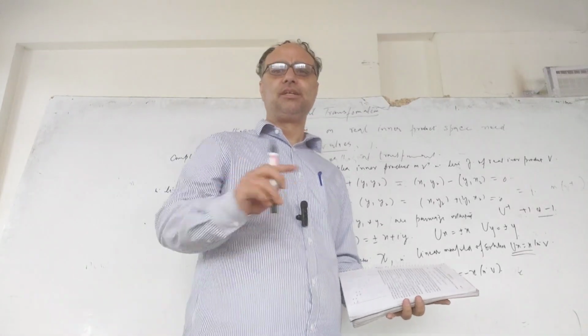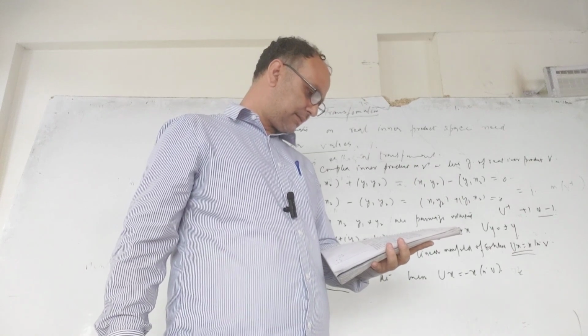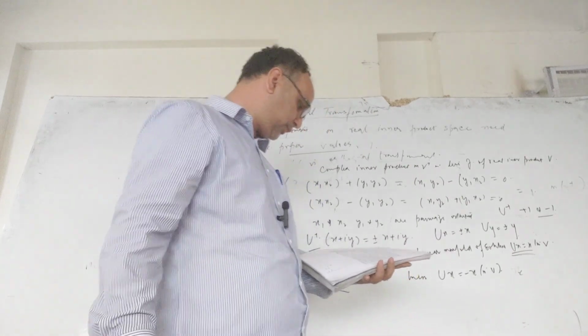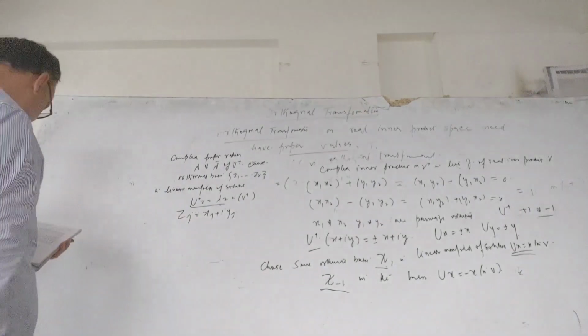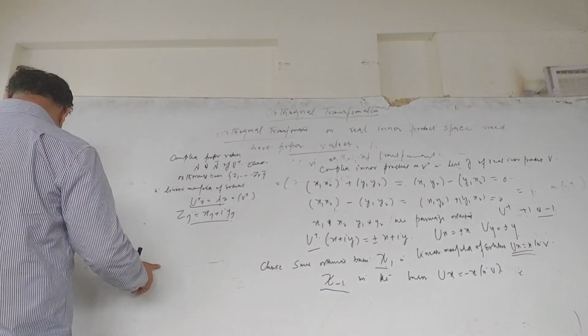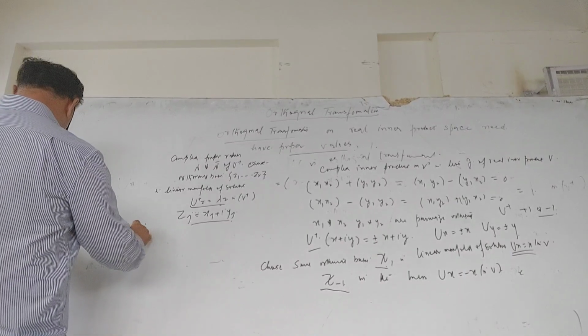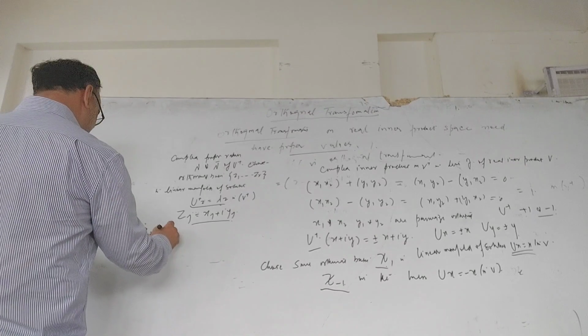Now, if we follow the book, the exact values he has given to this set: we define it this way, and for the scalars, let chi lambda be a set.